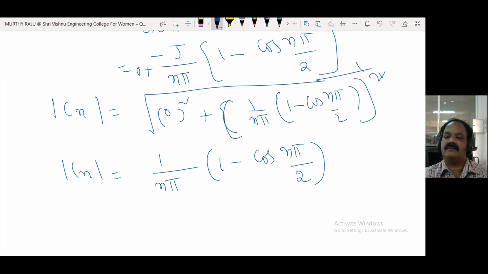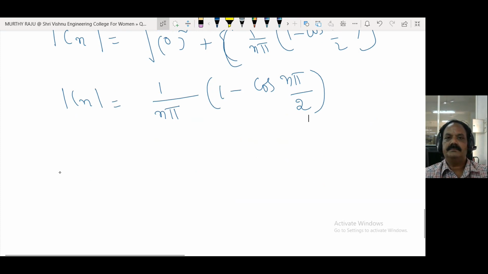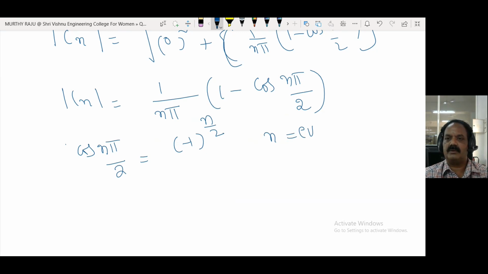We know that cos n pi by 2 is, by the trigonometric identity, minus 1 whole power n by 2 for n equal to even, and 0 for n odd.